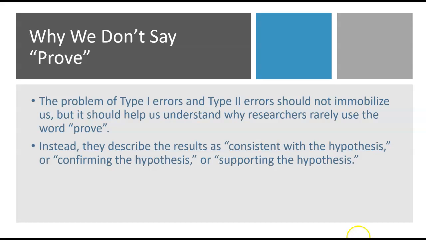Well, it's a culture thing, but it's also just a more accurate way of acknowledging that when you're doing NHST, you're estimating the likelihood of type 1 and type 2 errors, and you're making a judgment. That judgment is always going to be open to error and therefore open to interpretation. So what we do in our language, in the way we describe our results, is we talk about consistency with hypotheses or support for hypotheses, rather than the very value-laden and heavy word of prove.